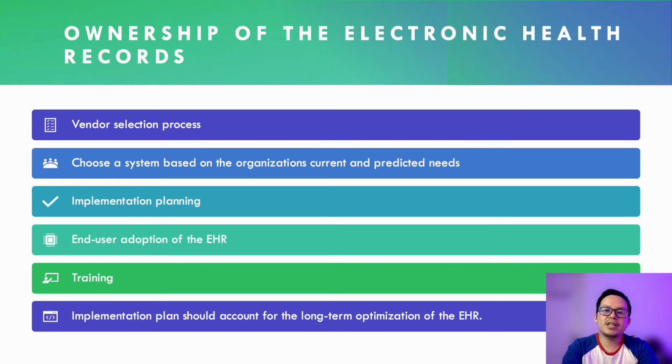Number six, the implementation plan should account for the long-term optimization of the EHR. Optimization activities should be considered a routine part of the organization's operations. So every day, your health educators would encourage nurses to use features in the EHR.